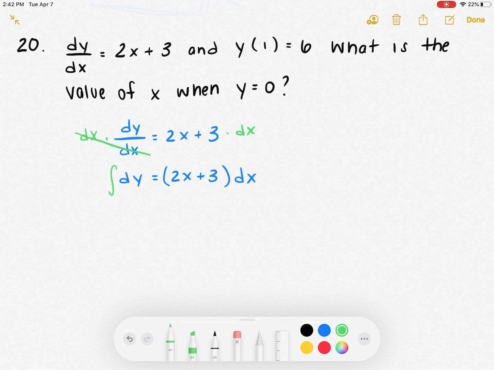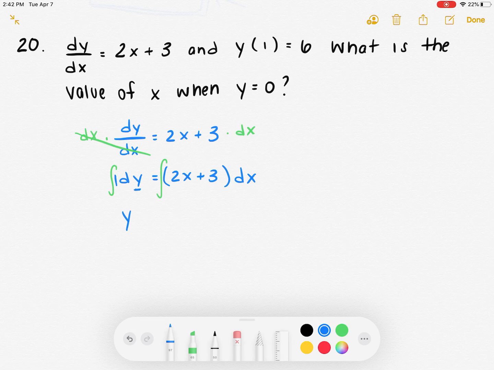Then I'm going to take the antiderivative of both sides. The antiderivative of the left side is just going to become y, because essentially there's an invisible 1 there, and any constant goes back to becoming the variable.